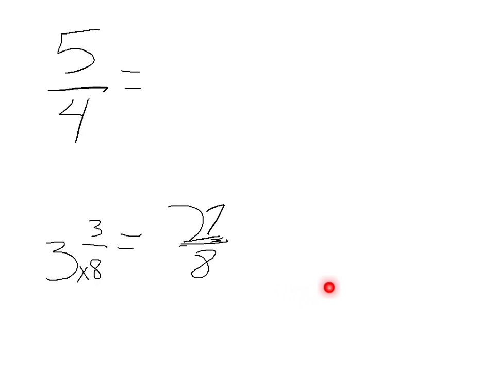Okay, what happens up here? Now 4 divided by 5, or 5 divided by 4? Show me what it looks like. Actually, it's the other way around.